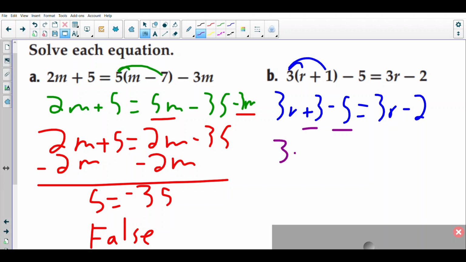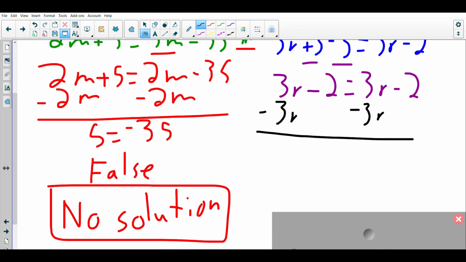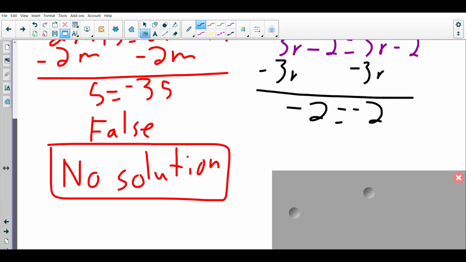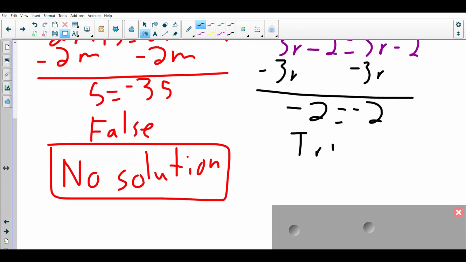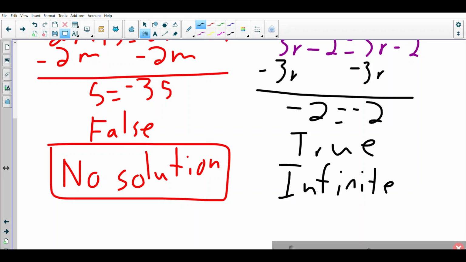We get 3r minus 2 is equal to 3r minus 2. Well, once again, just to be safe, I'm going to subtract 3r from both sides, moving all my variables to one side, and then hey, I'm left with negative 2 is equal to negative 2. Well, that's 100% true. Negative 2 does equal negative 2, so that means there are infinite solutions.